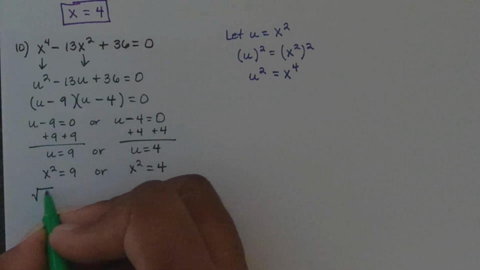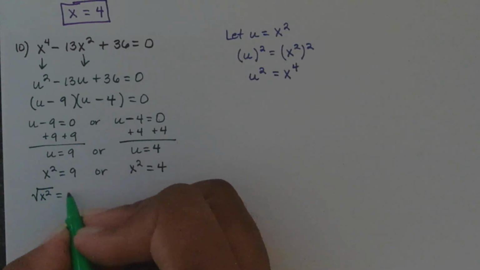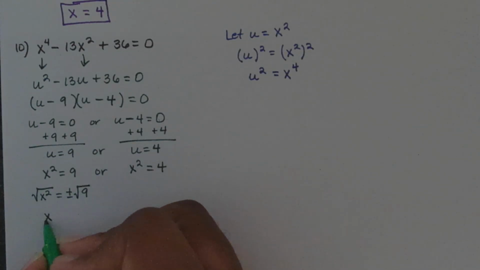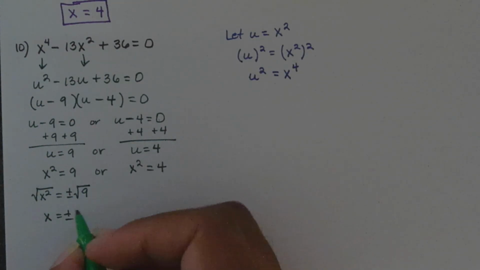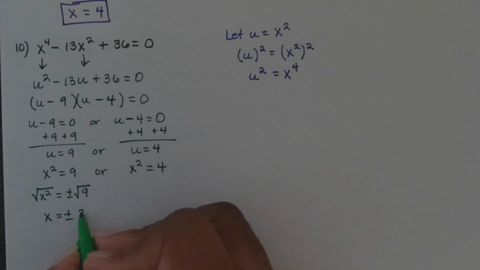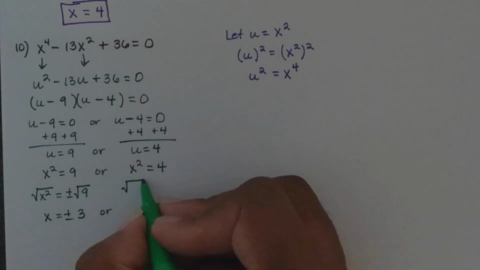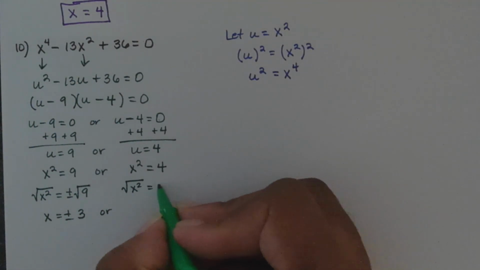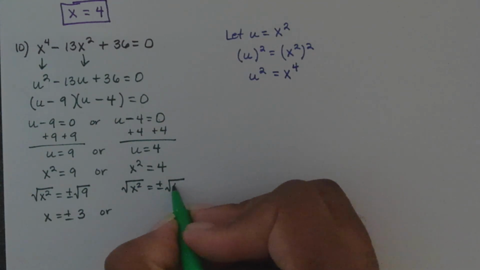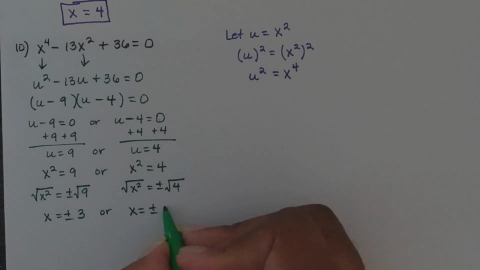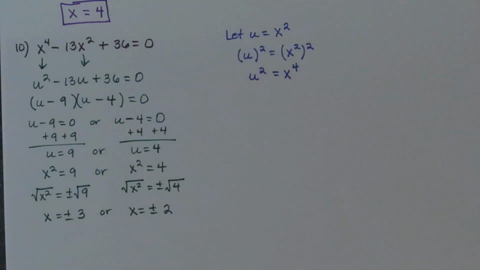Take the square root and include plus or minus. So x is equal to plus or minus the square root of 9, which is 3. Same thing here, take the square root on both sides for x squared equal 4 and include the plus or minus symbol. x will be equal to plus or minus the square root of 4, which is 2.